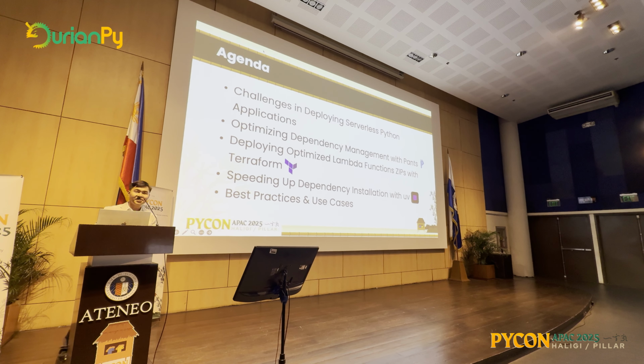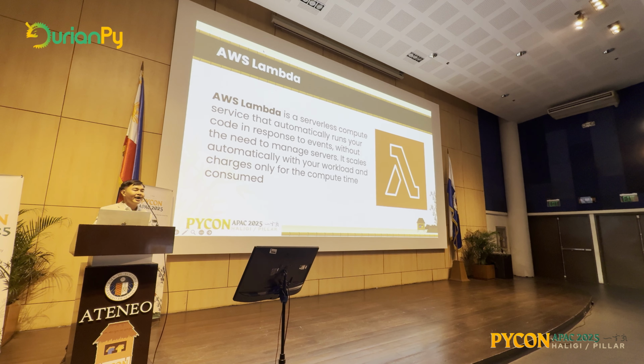To first introduce AWS Lambda: it is a serverless compute service that automatically runs your code and scales according to your needs. It can be a short snippet of code or an entire application inside of AWS Lambda, as long as it fits. It automatically scales for your workload and you will only be charged for your usage.